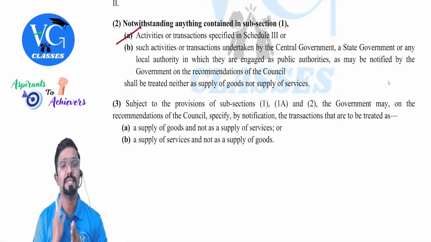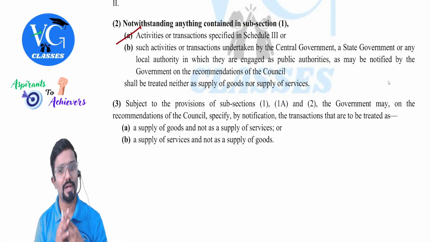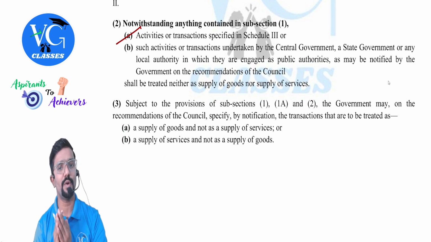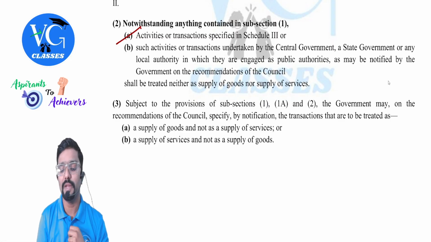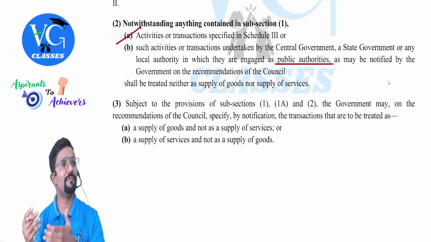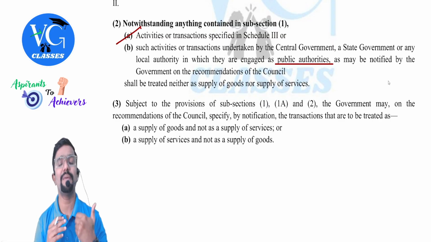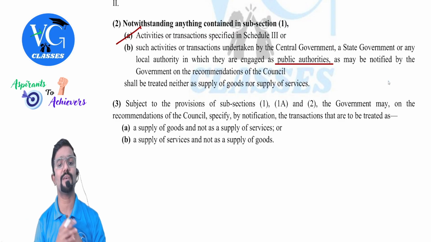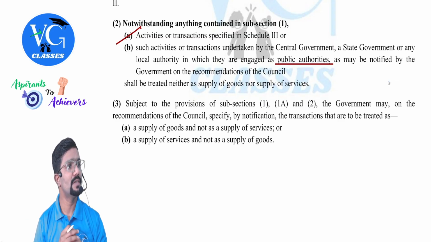Now B. Such activities or transactions undertaken by the central government or a state government or any local authority in which they are engaged as public authorities, as may be notified by whom? Government, on the recommendation of the GST Council, shall be treated neither as supply of goods nor supply of services.